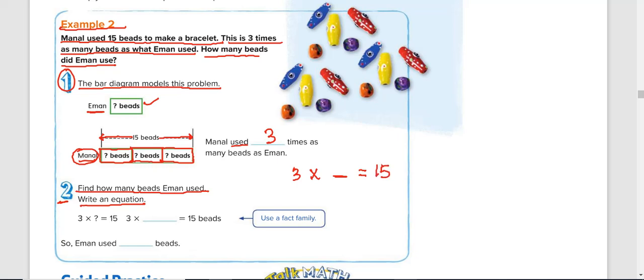So we can do it two different ways: by taking 15, which is the total used, divided by 3 times, and this is going to give us 5. Or the other way, what will you multiply with 3 in order to get 15? It is 5. Therefore, Iman used 5 beads.